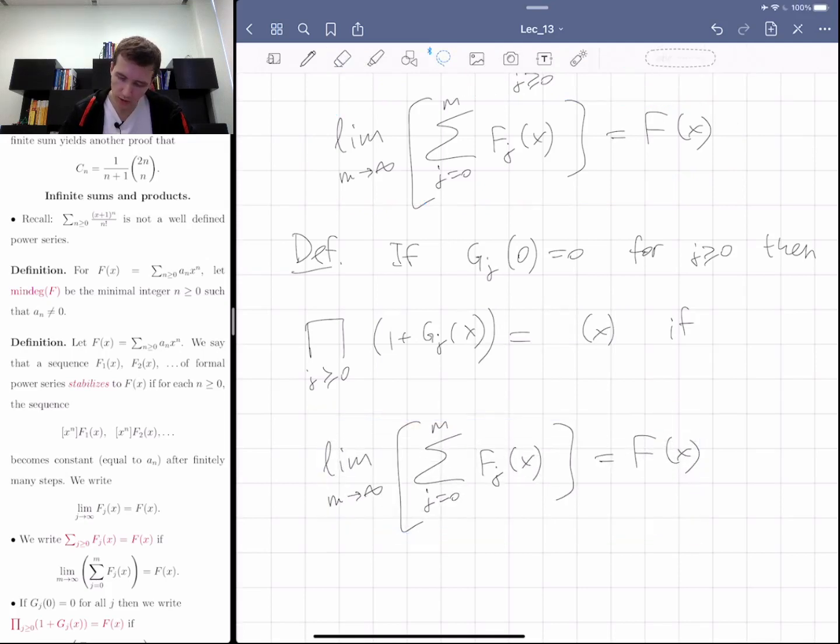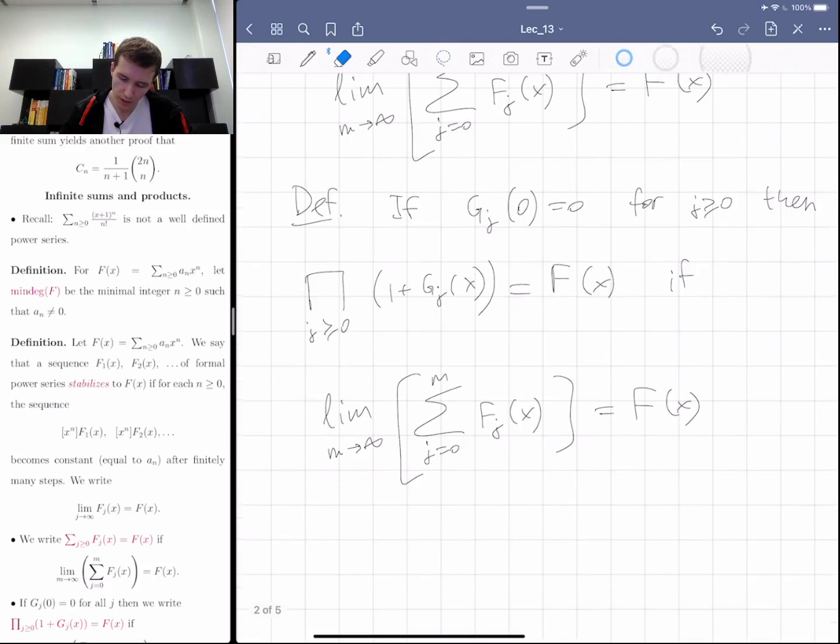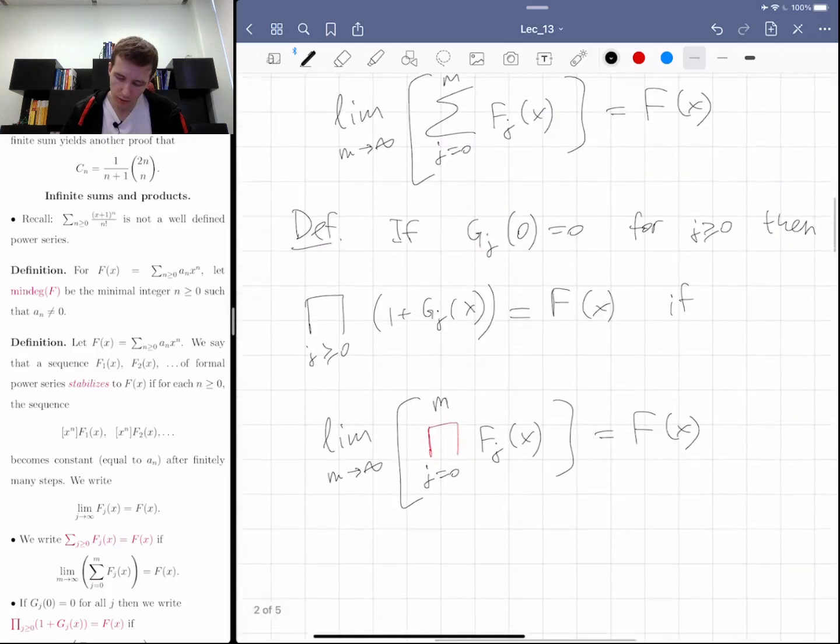So instead of the sum, I'm taking the product for j up to m as before.